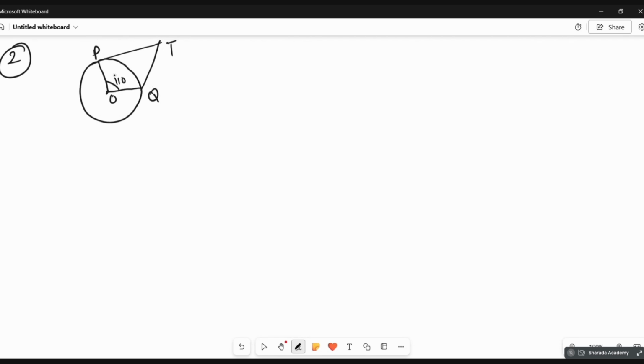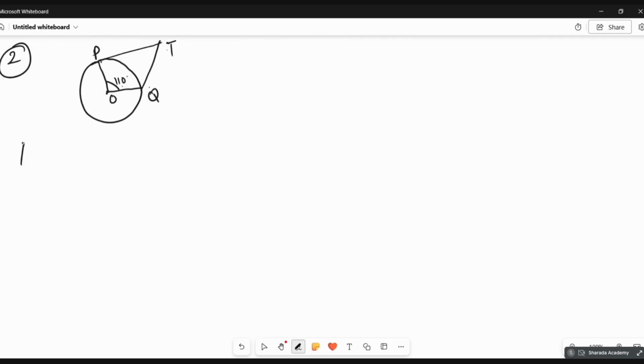This is 110 degree. POQ is 110. We should find PTQ. Okay, we should find the PTQ angle. How much will it be? It will be always 180 minus of POQ angle. Listen here, POQT is a quadrilateral. Correct?